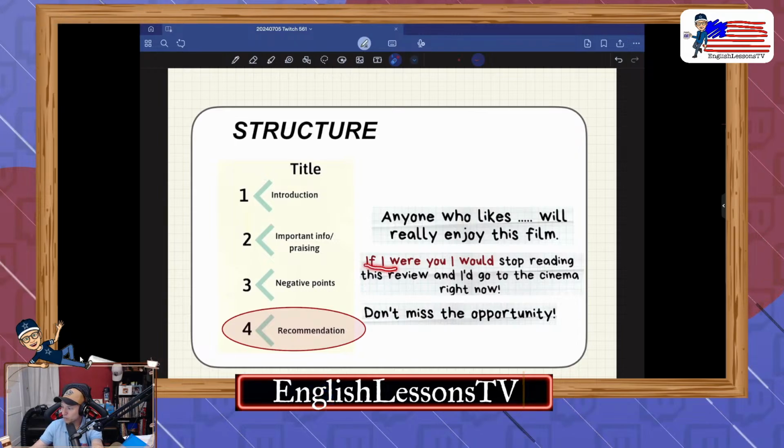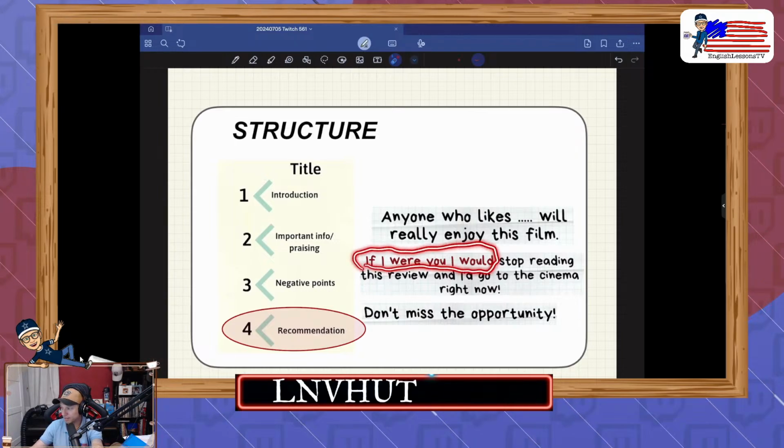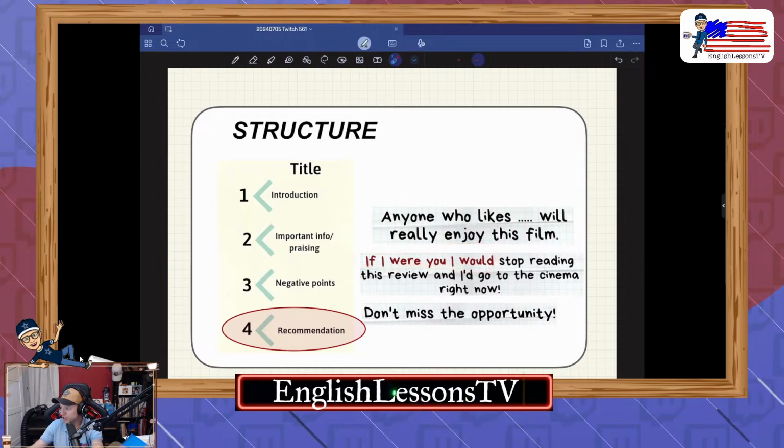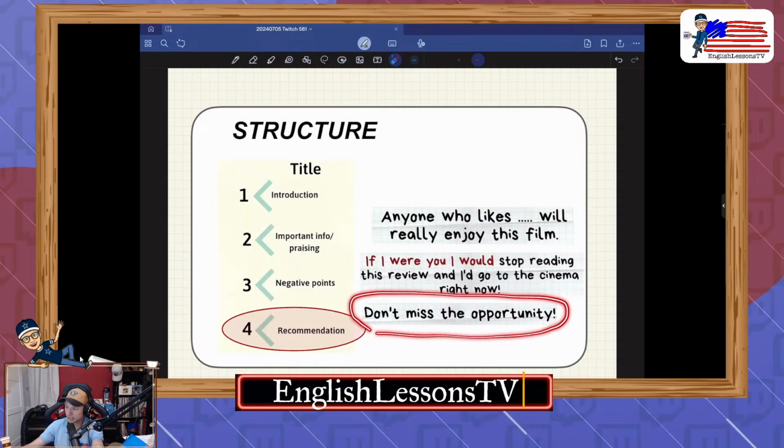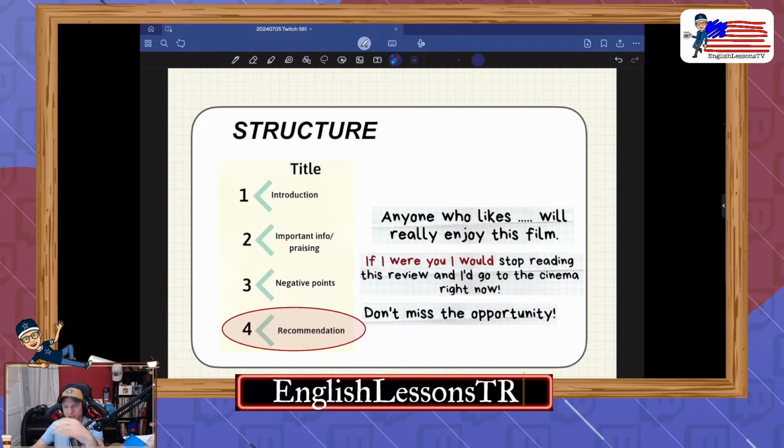If I were you, which is second conditional, yes, if I were you, I would stop reading this review and I'd go to the cinema right now. Or if I were you, I wouldn't miss the opportunity. Or simply don't miss the opportunity as a closing remark. Okay? But remember, you have to write 47 words. Okay?